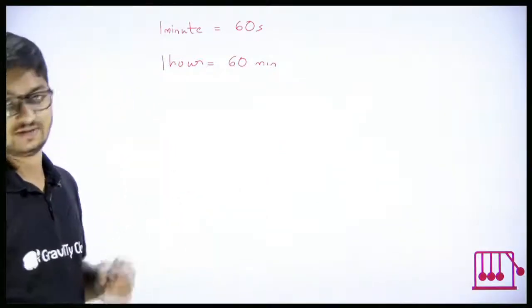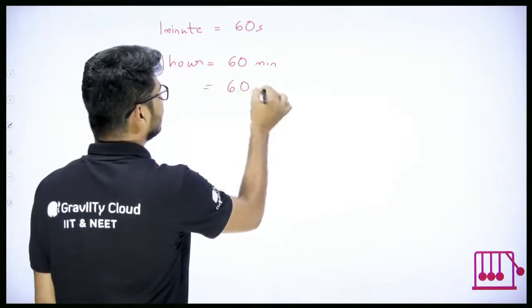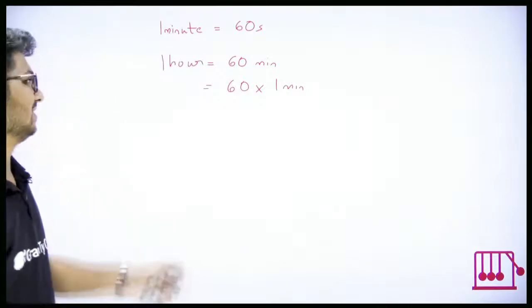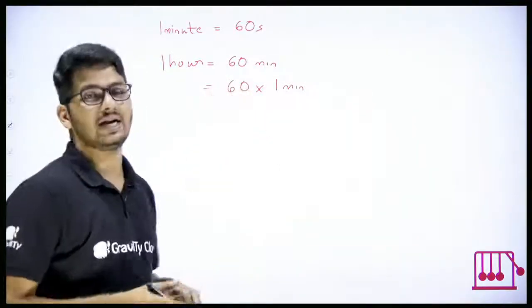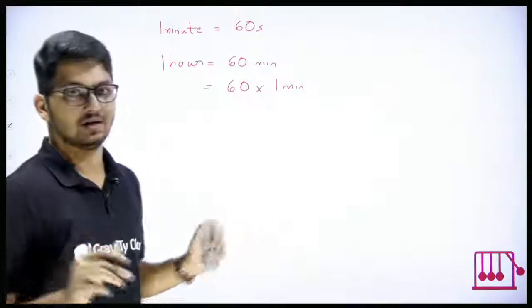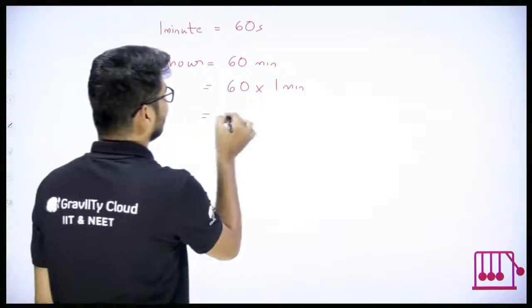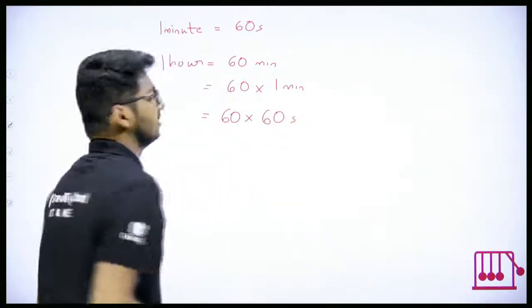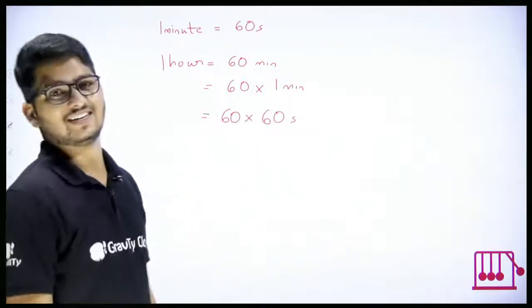So 60 minutes. Now, can I write this as 60 into 1 minute? 60 into 1 is equal to 60. So 60 minutes can be written as 60 into 1 minute. And how much is 1 minute equal to? 60 seconds. So 60 into 60 seconds. 1 minute is how much? 60 seconds.